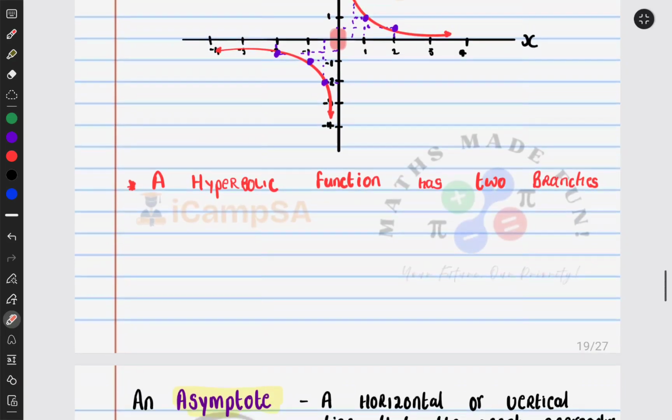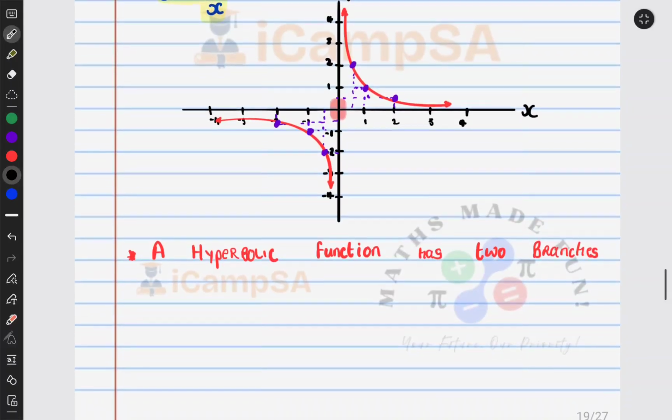So in this case, let's in fact write the equations for the horizontal and the vertical asymptote. For the horizontal asymptote, the equation is y is equal to 0, and for the vertical asymptote, x is equal to 0.